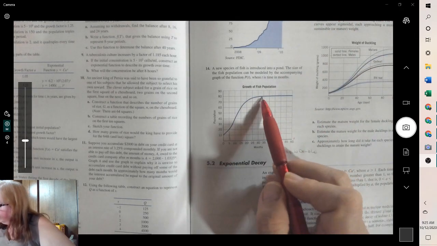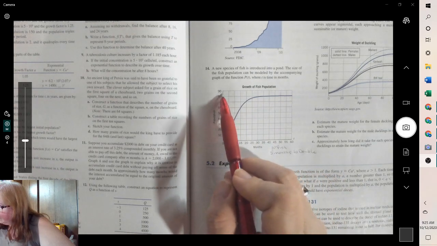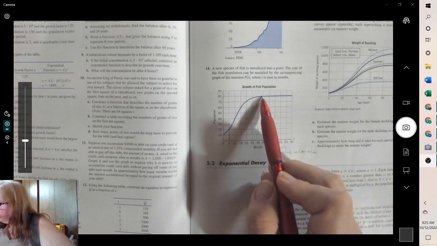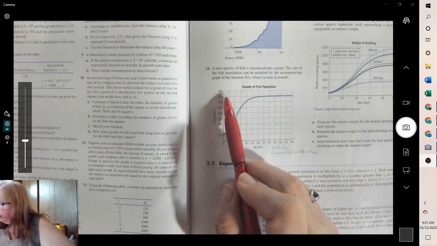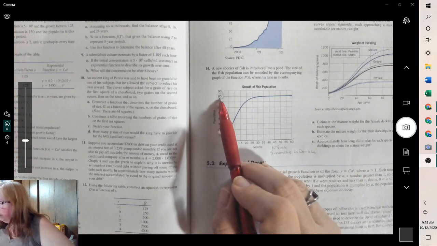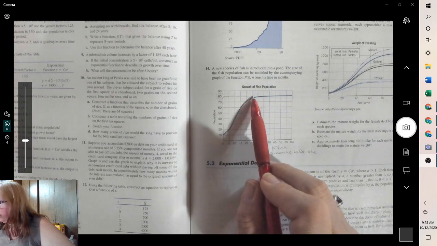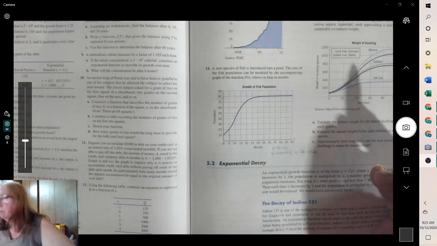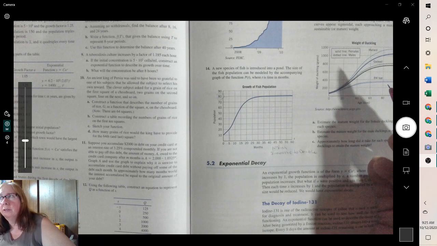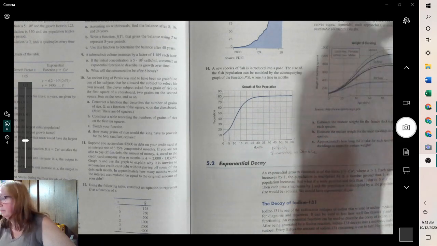Well, 80. Because it's staying pretty uniform at 80. So the maximum capacity or growth factor would stop at 80. The pond will keep about 80 fish once it gets to that.